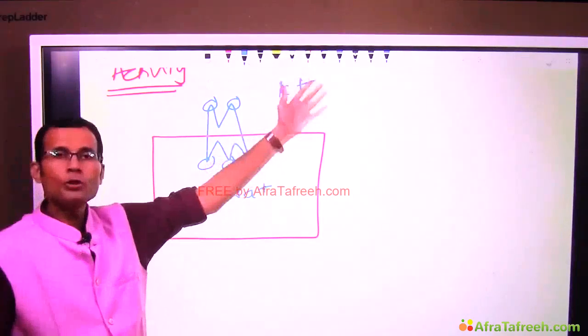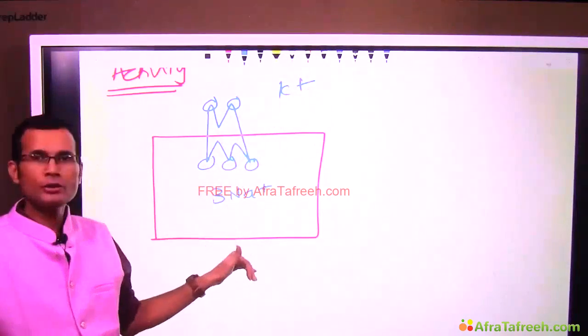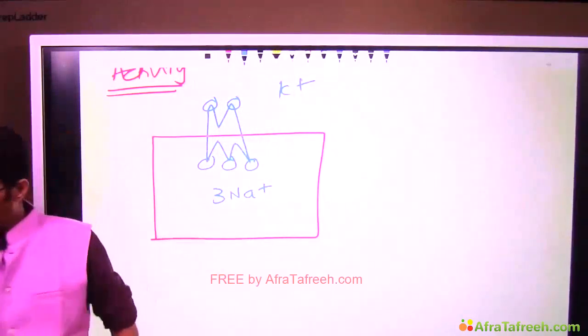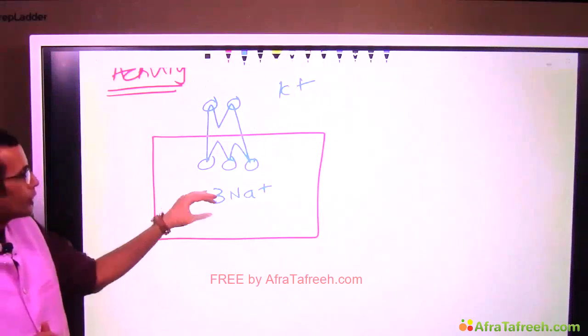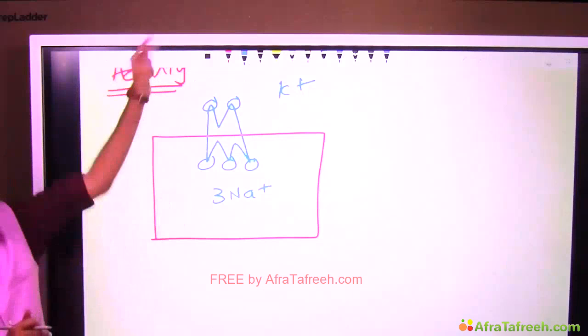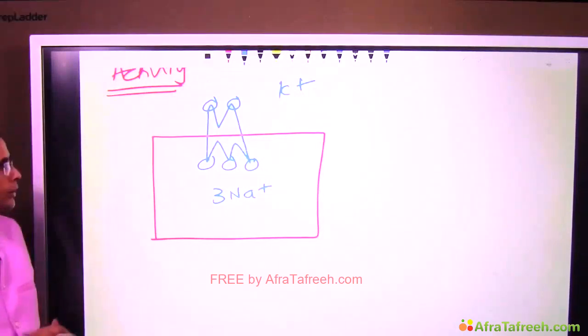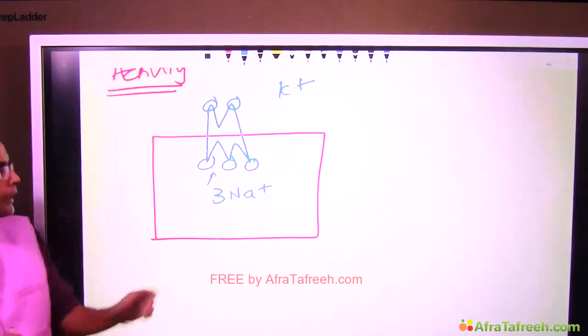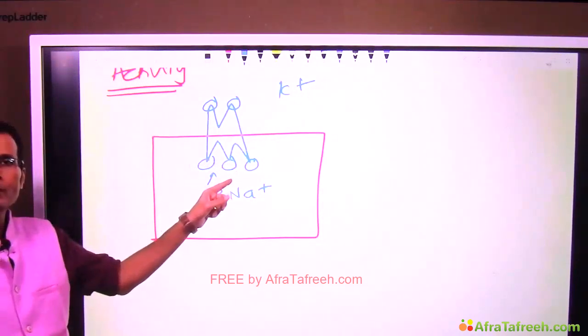Potassium is low in the ECF and high intracellularly. So potassium comes from outside to inside, low to high. And similarly, sodium is low on the inside and high in the ECF. So sodium is taken out. And how does it happen? 3 sodium ions bind to the internal aspect of the pump.